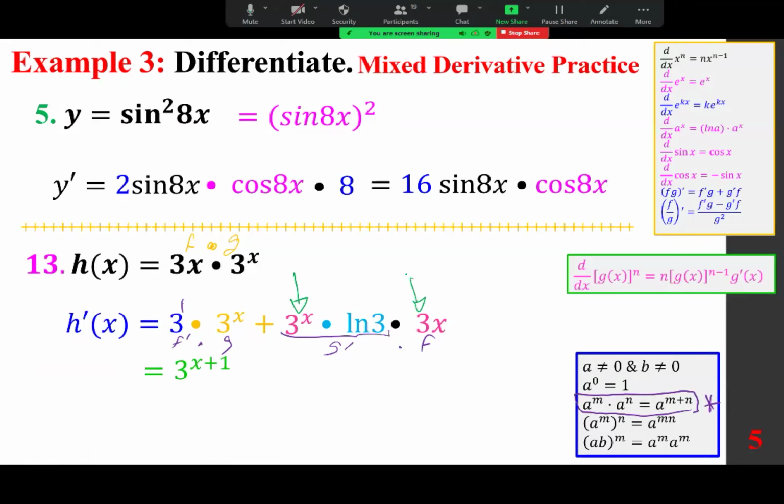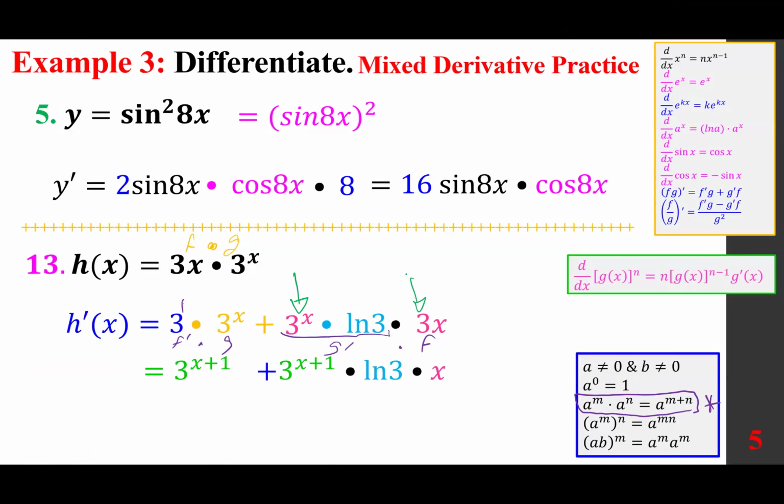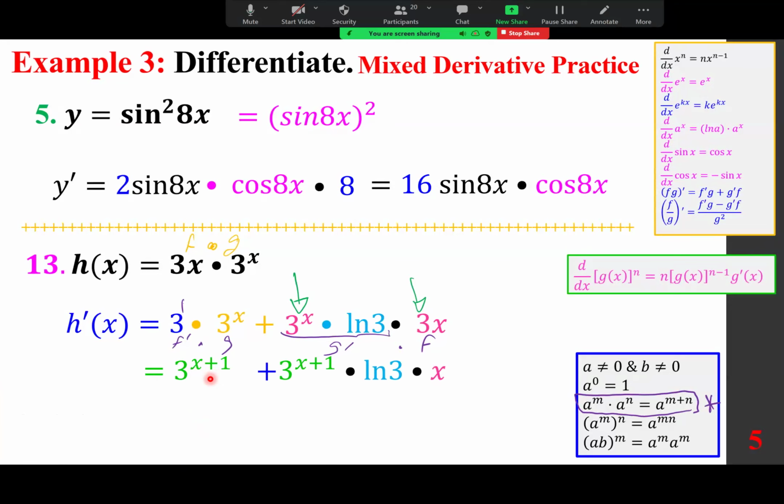So we write 3 to the power of x plus 1 for the first one. We put plus 3 to the power of x plus 1 for the second one times ln 3 times x. And now, as you can see clearly, this is a common factor times 1 plus this piece, which we call x ln 3. We put the x in front.